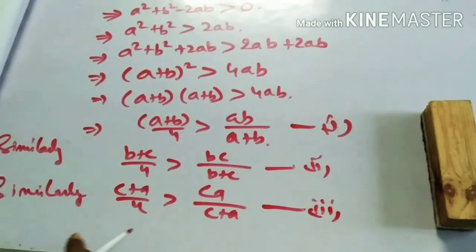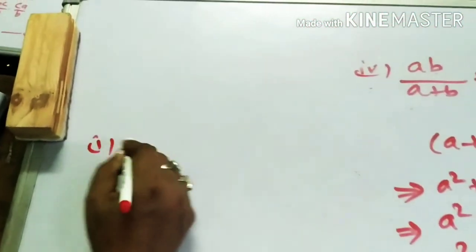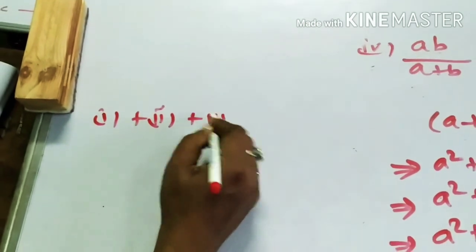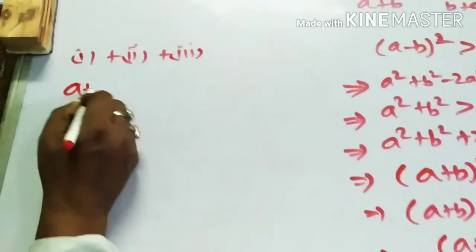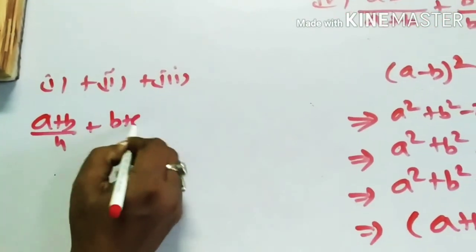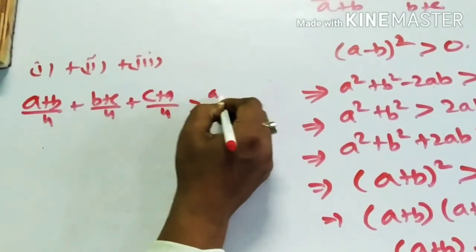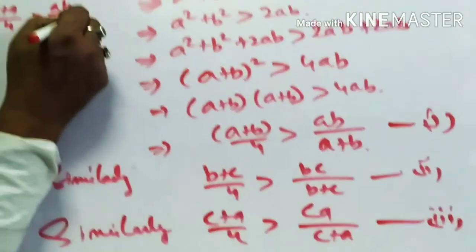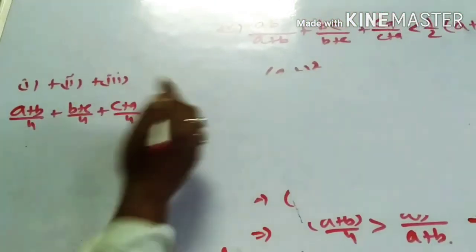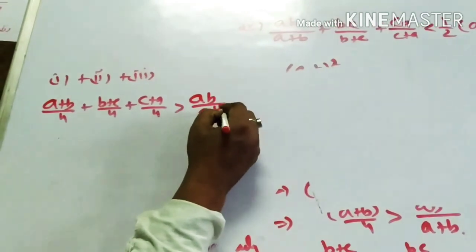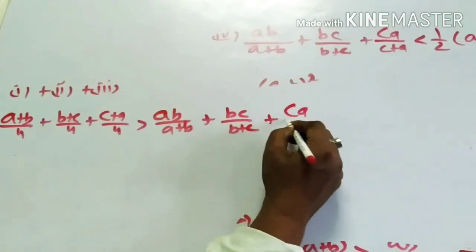So now 1 plus 2 plus 3, this comes out to be (A plus B) by 4 plus (B plus C) by 4 plus (C plus A) by 4 greater than AB by (A plus B) plus BC by (B plus C) plus CA by (C plus A).